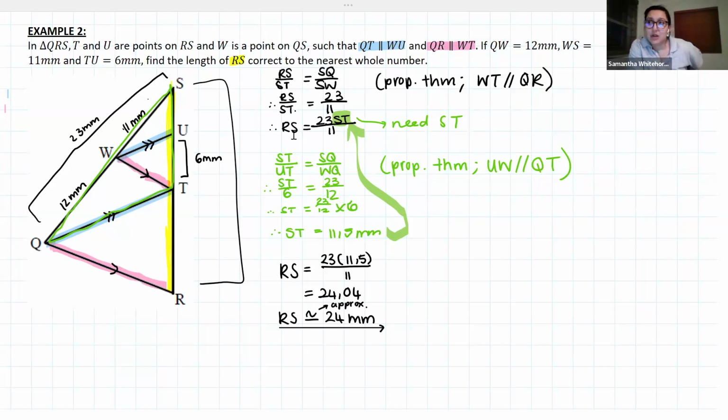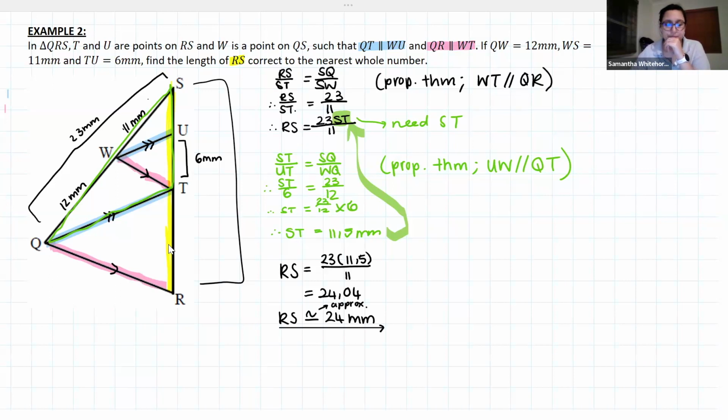So I would leave 11.5 and only round off to the nearest whole number in my final answer. You should never be rounding off until your final answer. I hope that answers your question. If not, just shout. You have the answer button on your calculator, so it's not like you need to type out a whole long decimal. You just use the answer button, so it isn't super problematic.